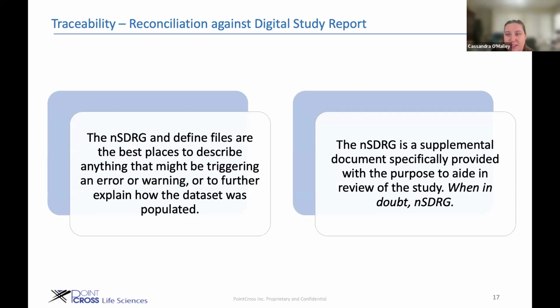There are always going to be things that happen that are not directly covered in the implementation guide, technical rejection criteria, or anything like that. There are always these cases. The NSDRG is the supplemental document specifically provided with the purpose to aid in the reviewer's review. When in doubt, put in an NSDRG note. If you have any questions, if it does not immediately fit, if you are getting errors or warnings, use the NSDRG.